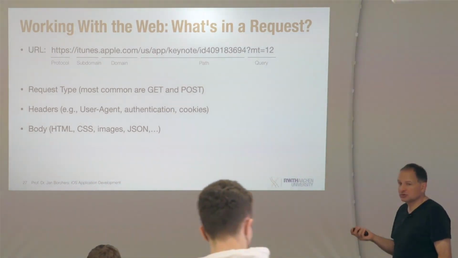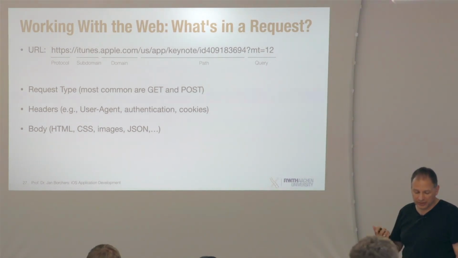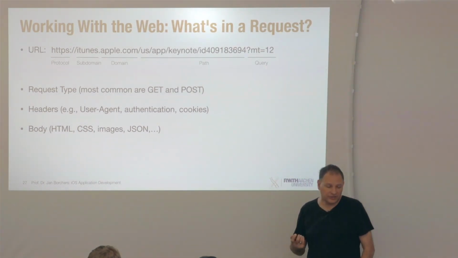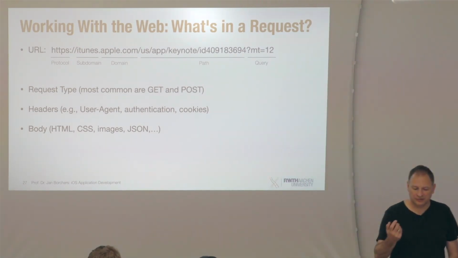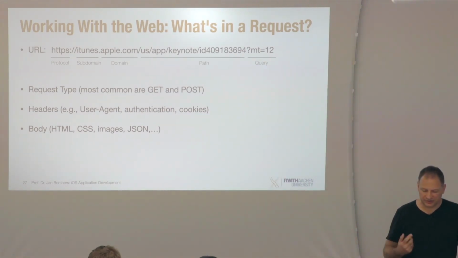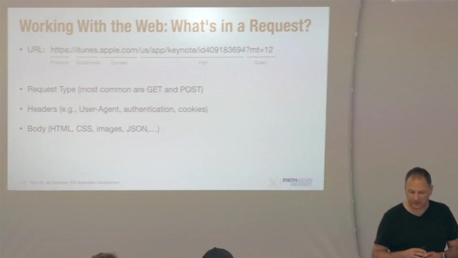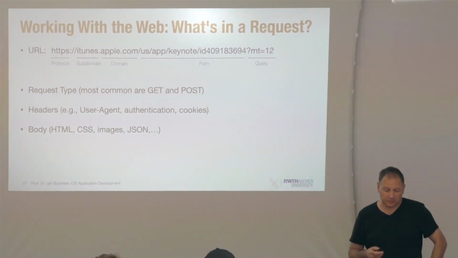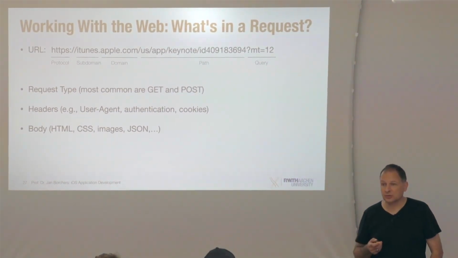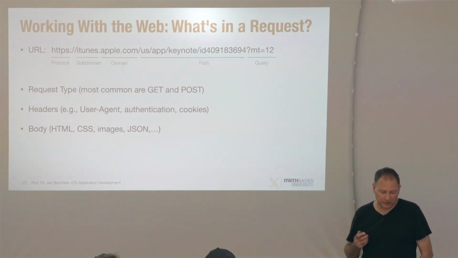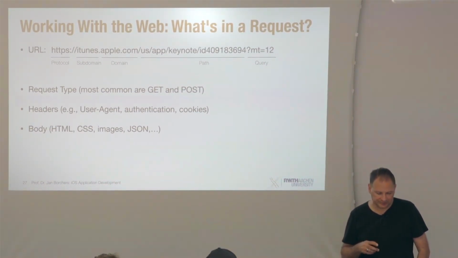Authentication and cookies are also inside these headers that are usually invisible to the end user. And then finally, of course, there is the body, when you have HTML, CSS, images, JSON. Responses also have headers, like expiration dates of the return data. And of course, they also have bodies that are sent back.